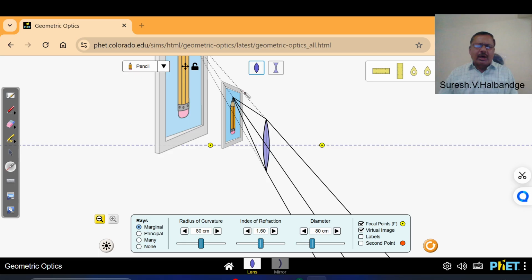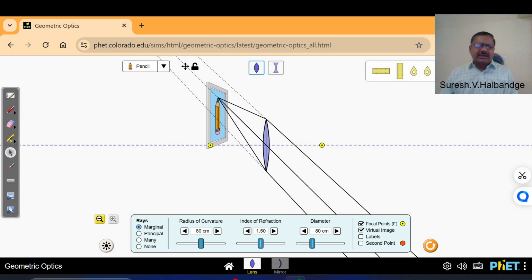Now this is an object which is just like a cardboard, and the pencil here acts as the object. Now what we do is we can keep this object at different places on the principal axis.